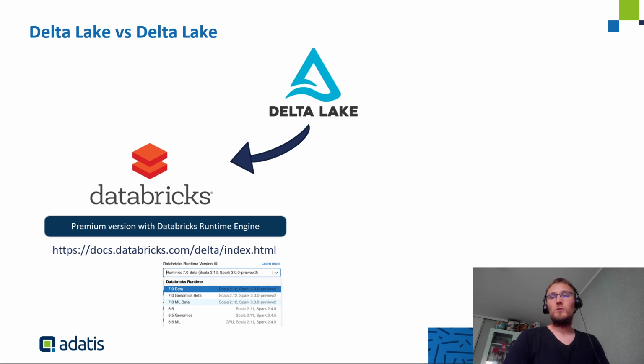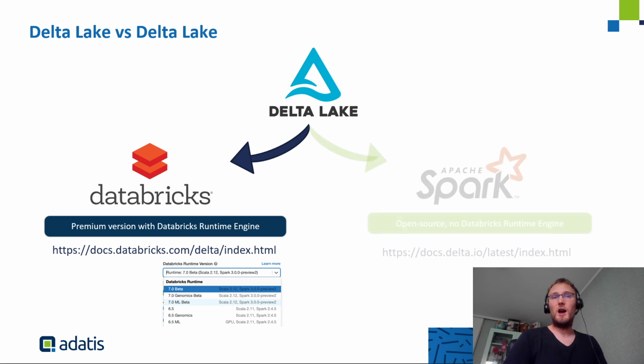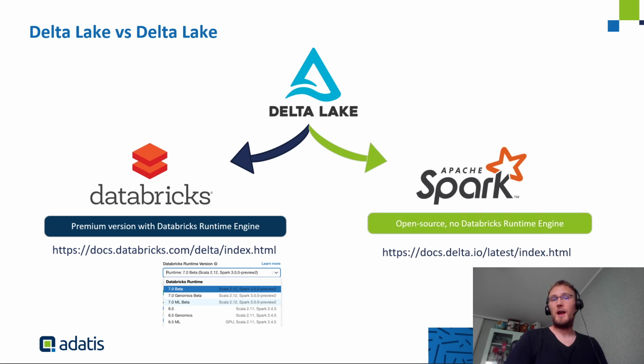But we can also decide that we want just a free version. We can download it from GitHub, and all the documentation on what's available in the free version we can find on the Delta.io website. The main difference between the two is mainly about the optimization mechanisms at the moment. So now that we know more or less the basics of Delta Lake, let's go and see it in practice.